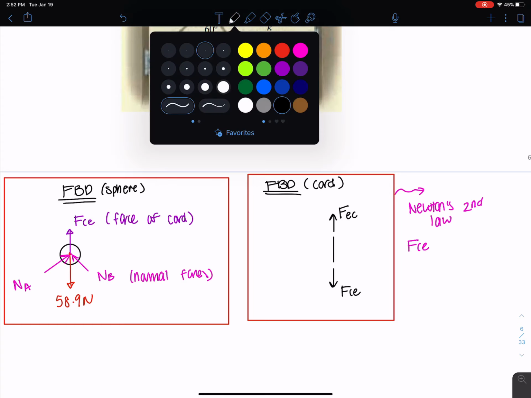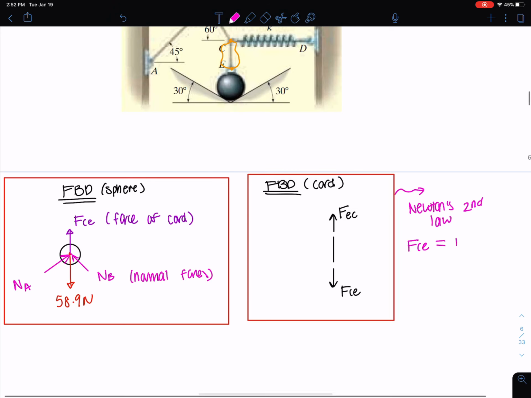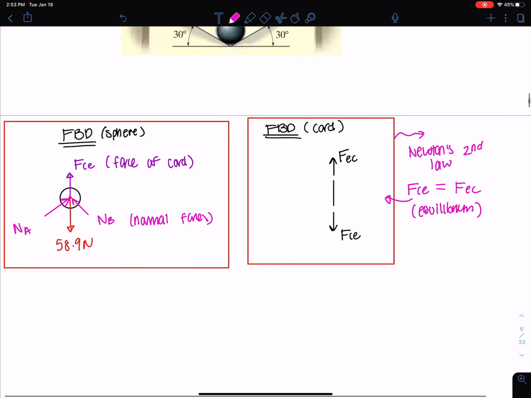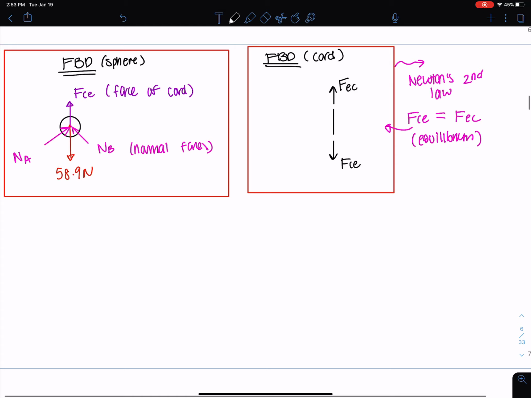The reason I just named them the same thing is because we know that FCE has to be equal to FEC. The pull on the chord has to keep this tension so it doesn't collapse, to maintain equilibrium. Imagine you're doing a tug of war with one of your friends. The only way that system is going to be completely in equilibrium is if you're pulling the same amount, if person A is pulling the same amount as person B. That's what we're saying here. These two have to equal each other, FEC and FCE, in order to maintain equilibrium.